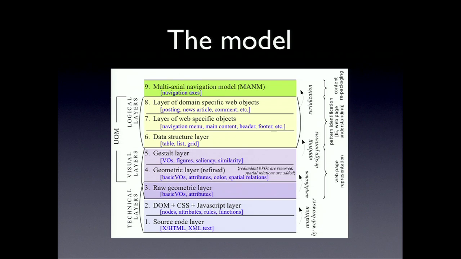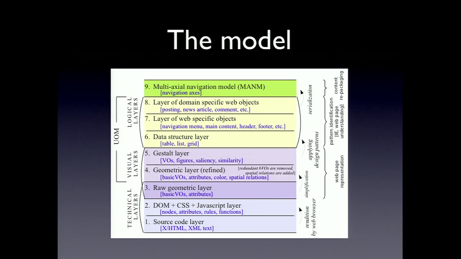Getting back to this model, we start on a lower level by employing a component that I'm going to show you right now. On level 1 we have the source code, which we also still have available. On level 2 of the model, we have hints of DOM and CSS and from JavaScript. Of course, we're not so stupid as to throw this information away, because it's very useful in the later processing.